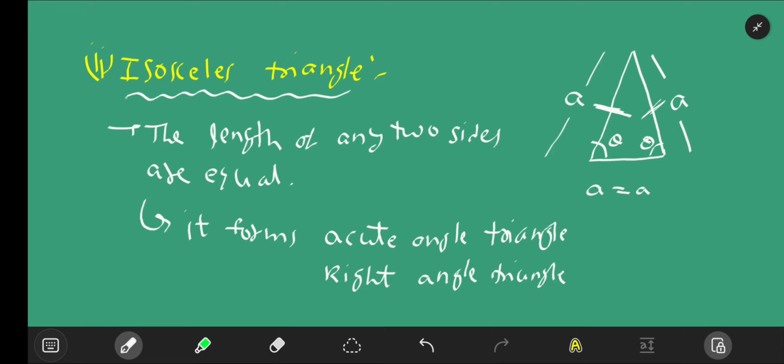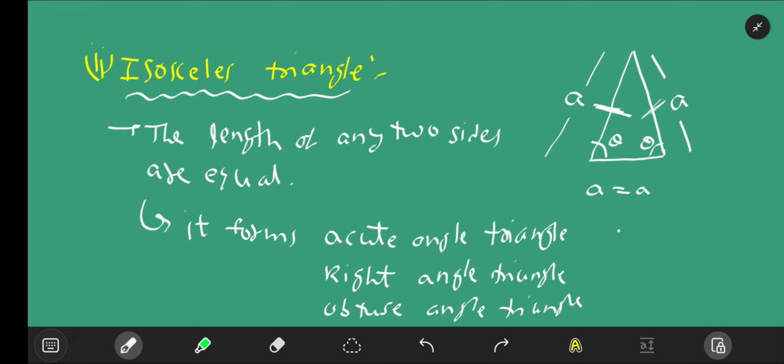Also, it forms obtuse angle triangle. That means this is acute angle triangle. This theta and this angle will be less than 90 degrees only. So this is acute angle triangle, and these lengths are equal. So that's why this is isosceles acute angle triangle.